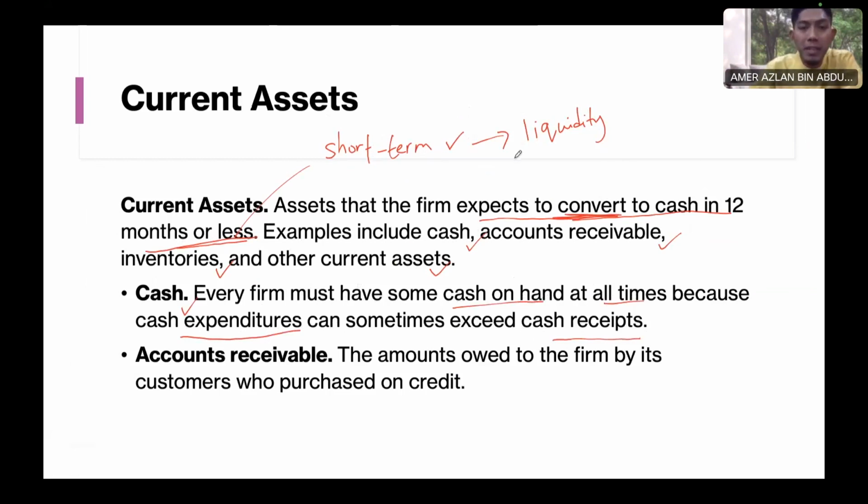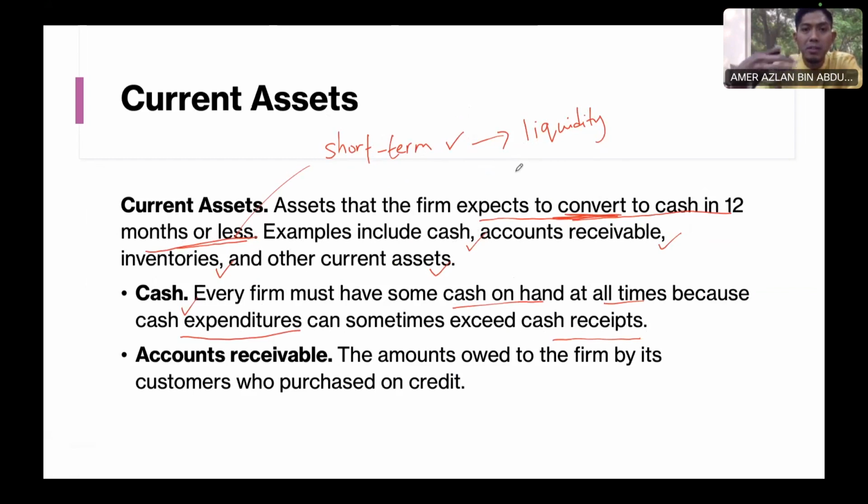So there will be times when the company needs to pay more than what they receive during that particular period. For example, the company needs to pay employee salaries or utility bills.